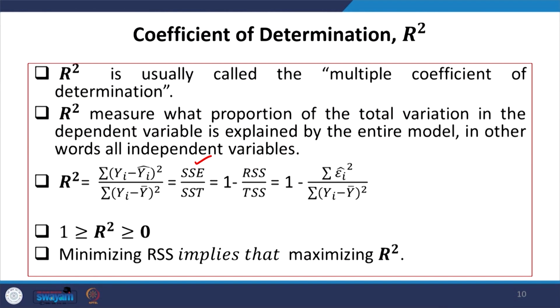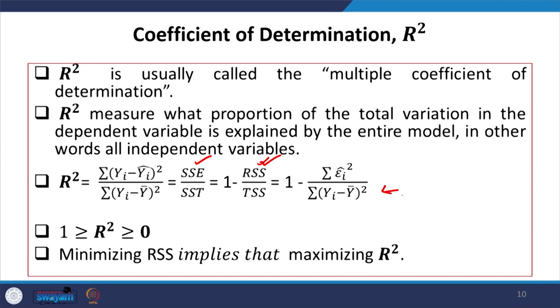Now, this is RSS, the residual sum of square, or the regression sum of square is notated as ESS, estimated, divided by the total sum of square.